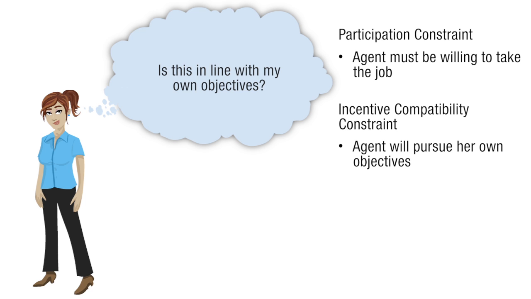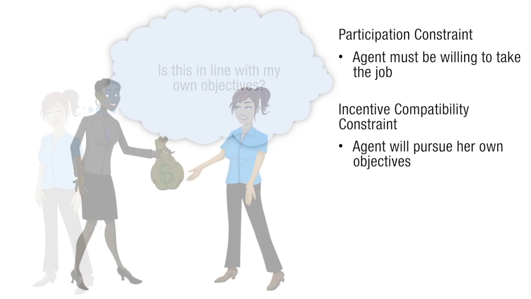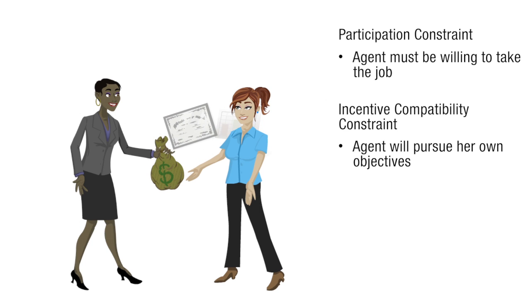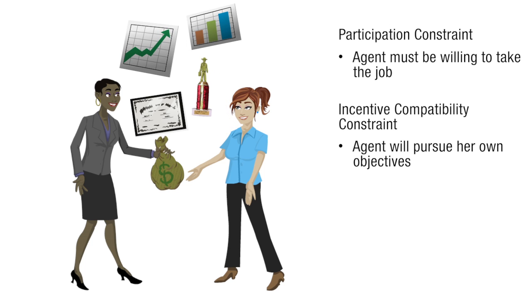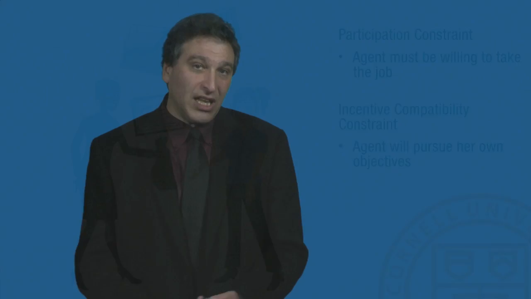They're going to do what benefits them. We want to design a system so that when they do what benefits them, it will also be what benefits us as the principal.